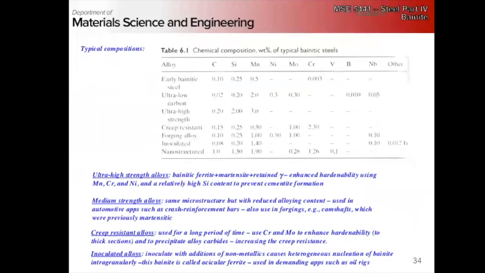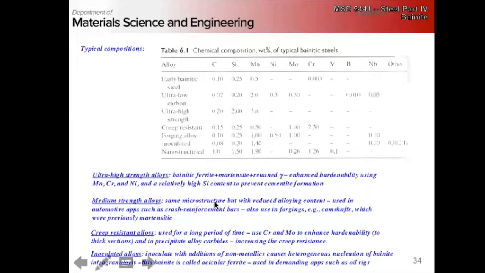We can think about ultra high strength alloys, which are a mix of bainite, martensite, and retained austenite, right? And we get high hardening by this magical pixie dust composition here, basically allowing us to prevent cementite formation.